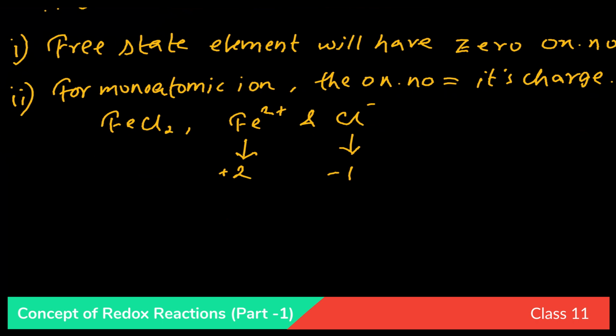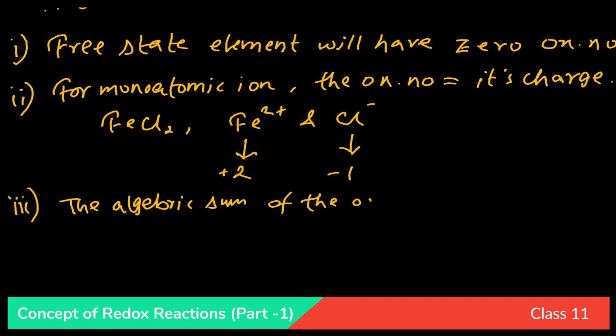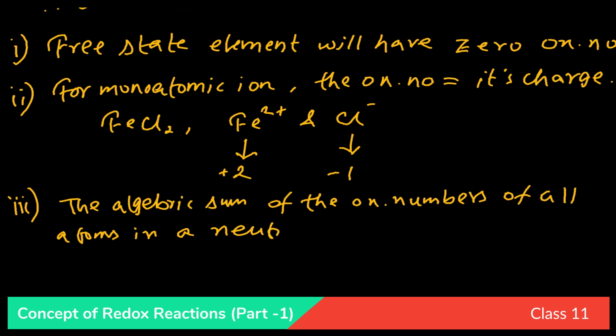Now there is a very important rule, that is, the algebraic sum of the oxidation numbers of all atoms in a neutral molecule is 0.